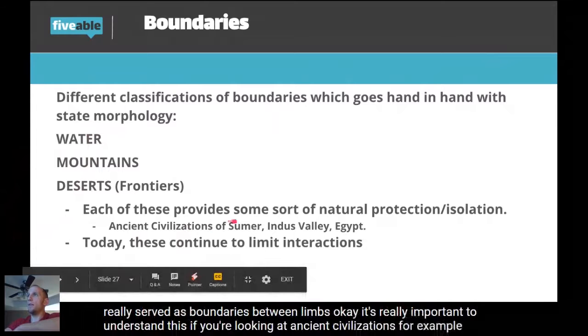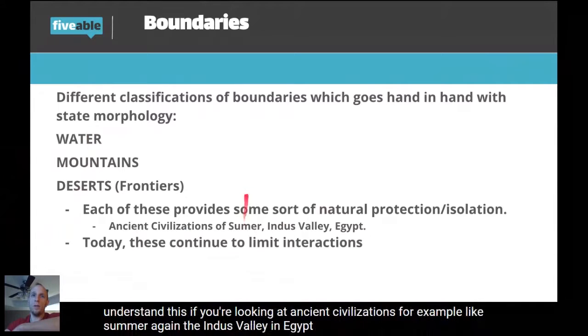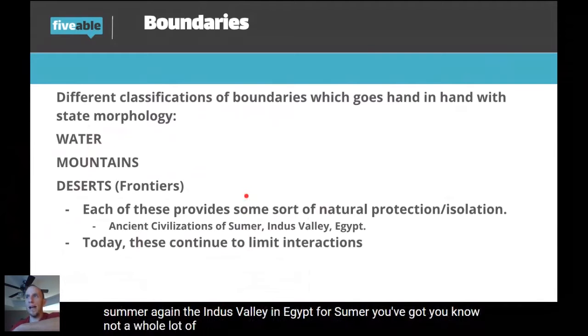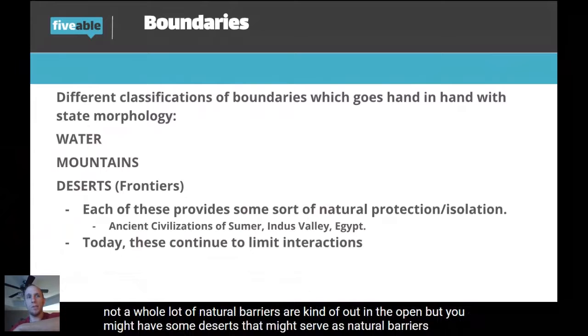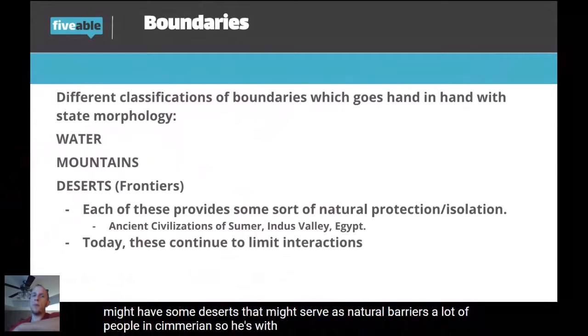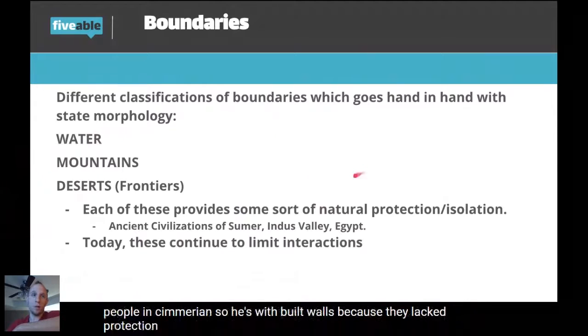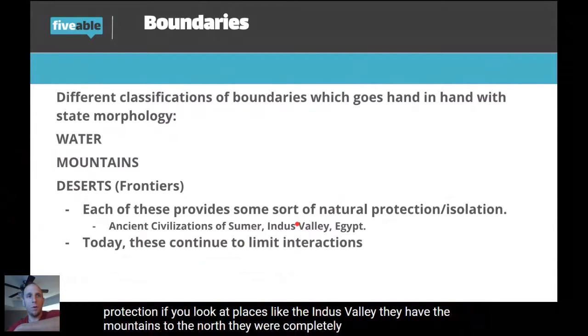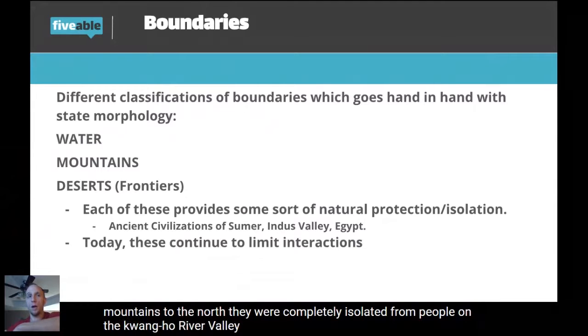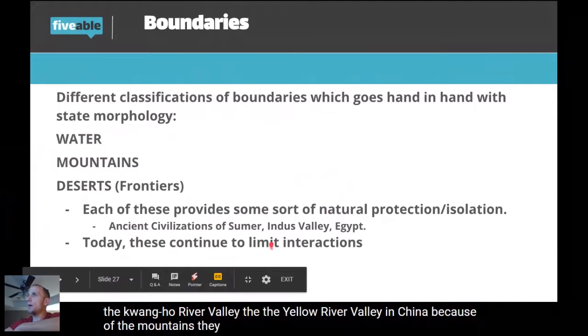If you're looking at ancient civilizations, for example, like Sumer, the Indus Valley, and Egypt, for Sumer, you've got not a whole lot of natural barriers. They're kind of out in the open, but you might have some deserts that might serve as natural barriers. A lot of people in Sumerian cities would have built walls because they lacked protection. But if you look at a place like the Indus Valley, they have the mountains to the north. They were completely isolated from people in the Huanghe River Valley, the Yellow River Valley in China, because of the mountains.